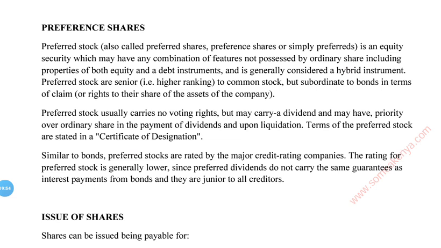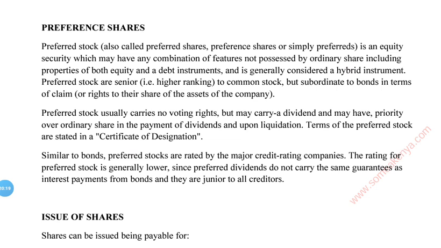So similar to bonds, preferred stock are rated by the major credit rating companies, and the rating for preferred stock is generally lower, since preferred dividends do not carry the same guarantees as interest payments from bonds, and they are junior to all creditors.